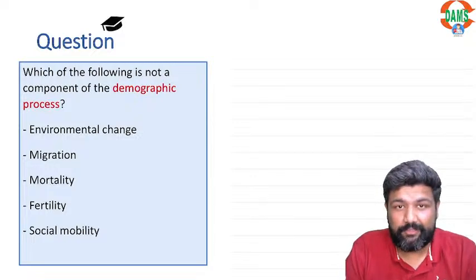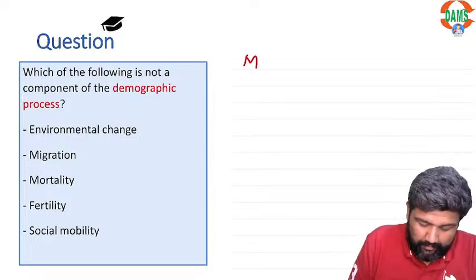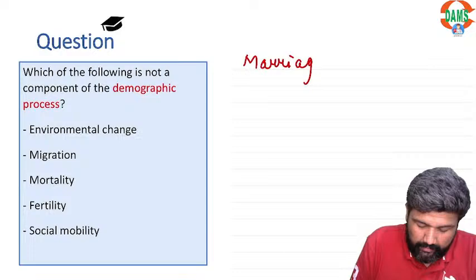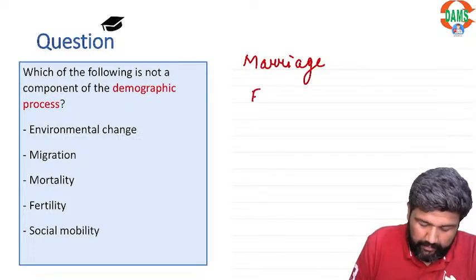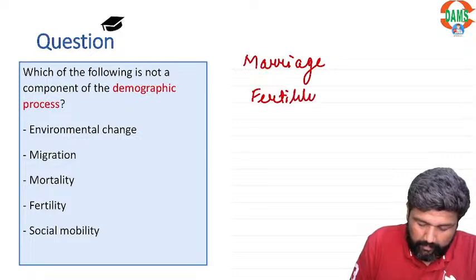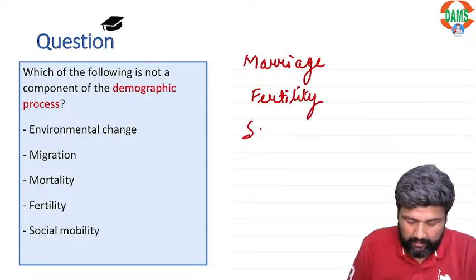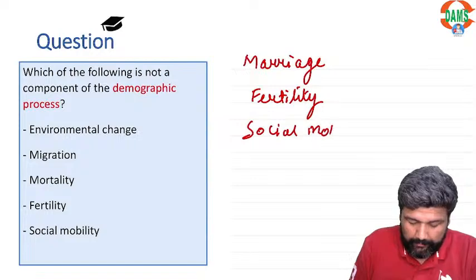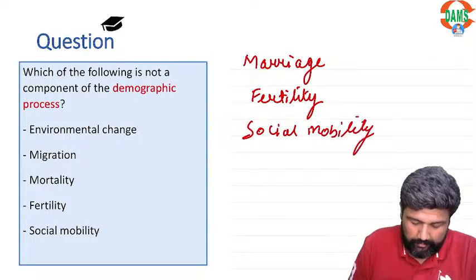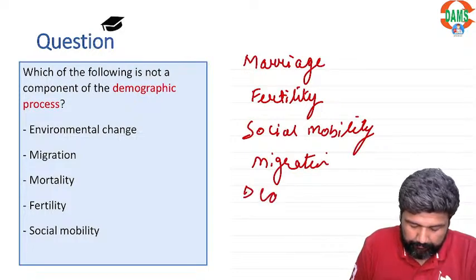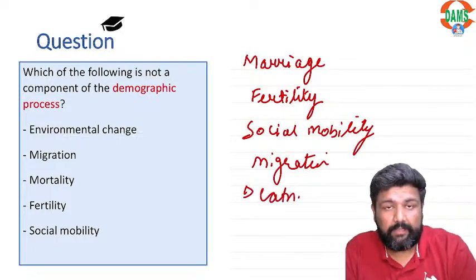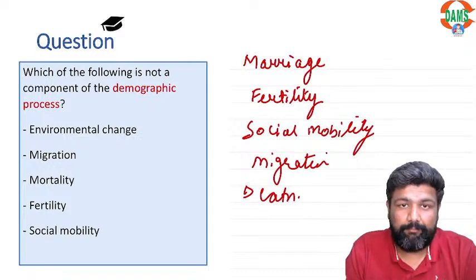Guys, demographic process. First of all, marriage, then fertility, social mobility, migration, death. These 5 things affect the demography, right?